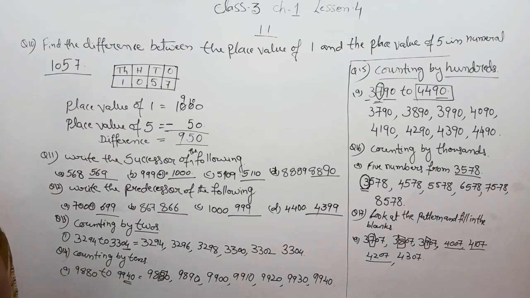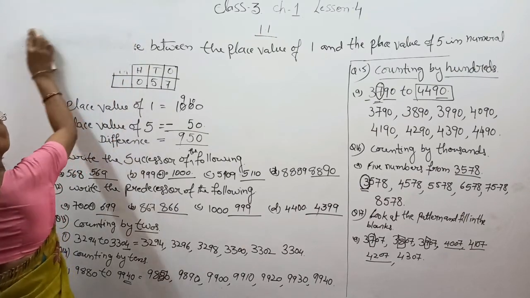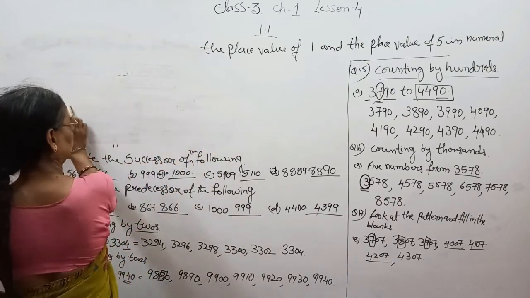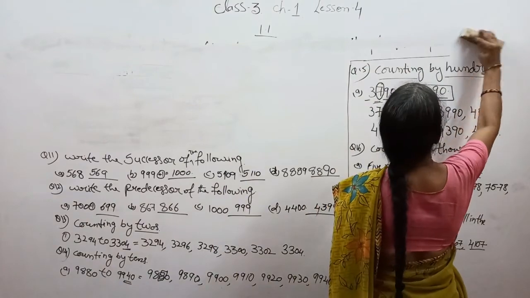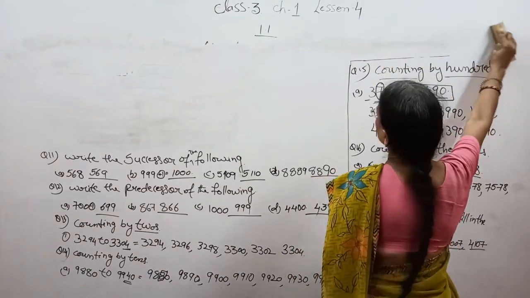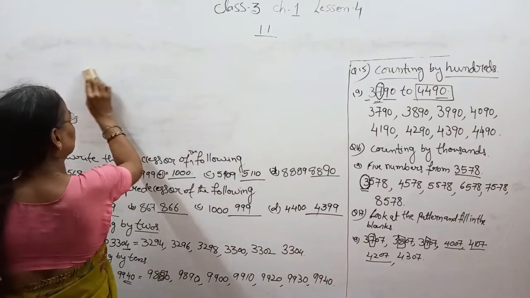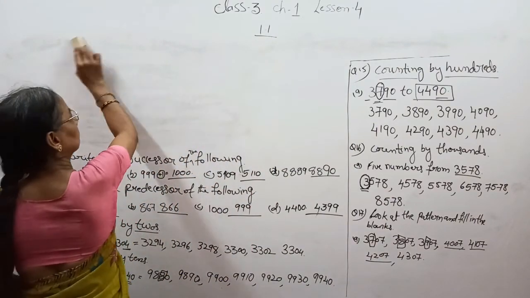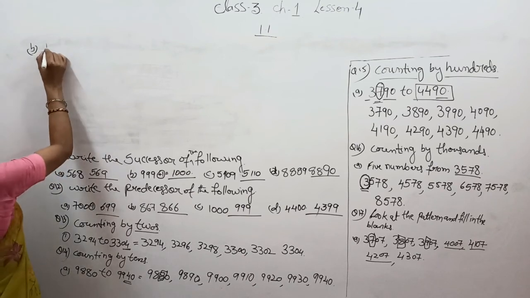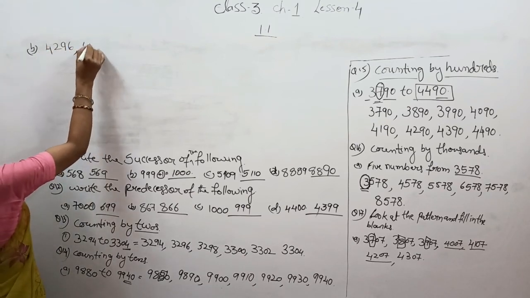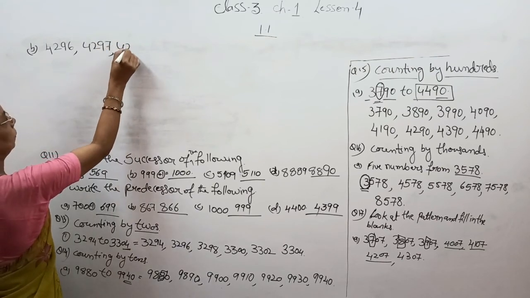Now I will do these 2 also. That is B, 4296, then 4297, then 4298.